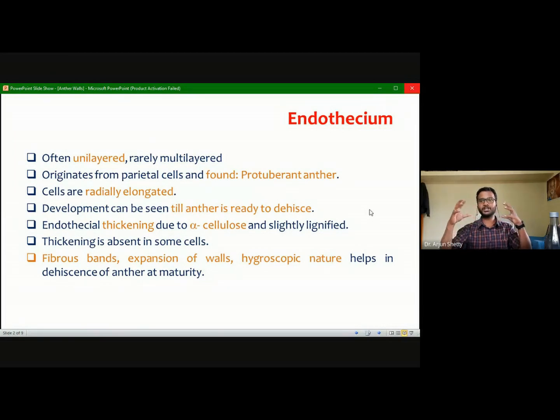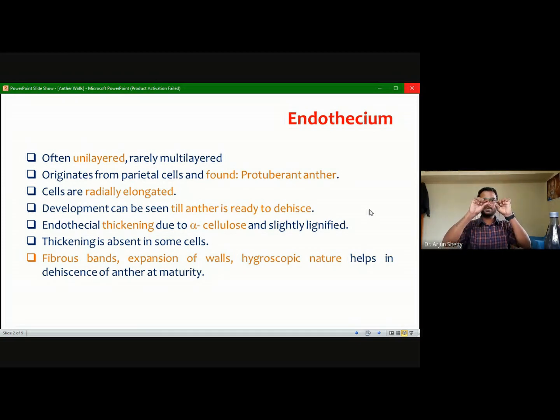This happens as the overall size of the anther increases. The cells of the endothecium are radially arranged, that is, radially elongated. They increase their size in this horizontal pattern, not in the vertical pattern.